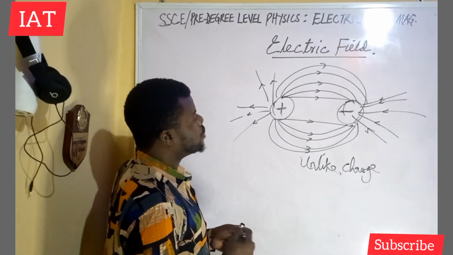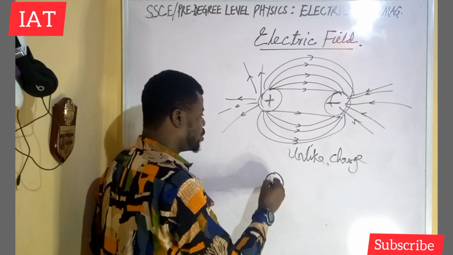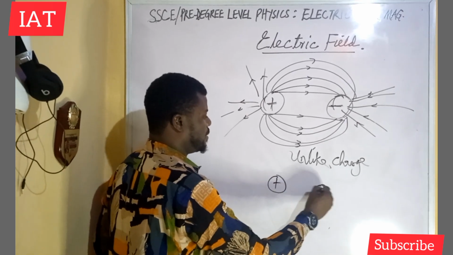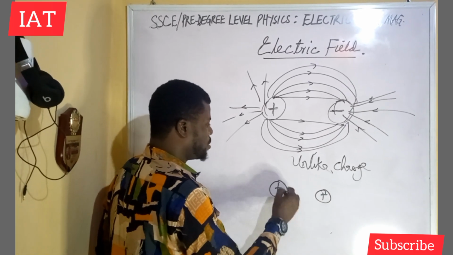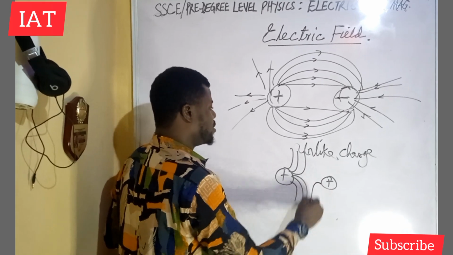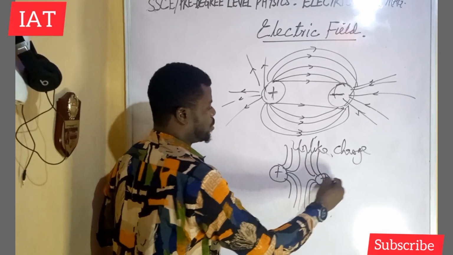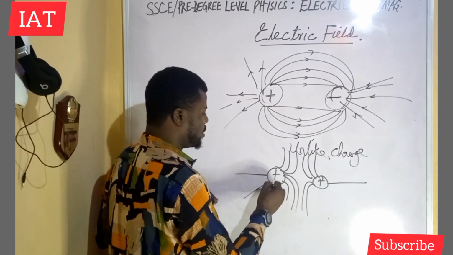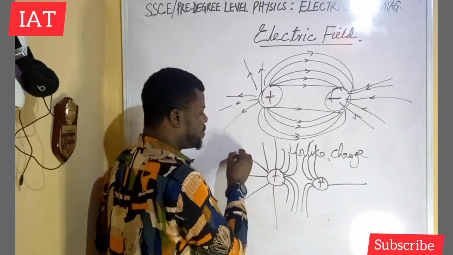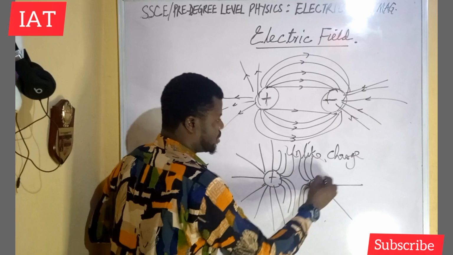We have another case where we have two charges also. It could be positive and positive. And what force do we feel? Is it the force of attraction or the force of repulsion when we have two charges having the same sign?